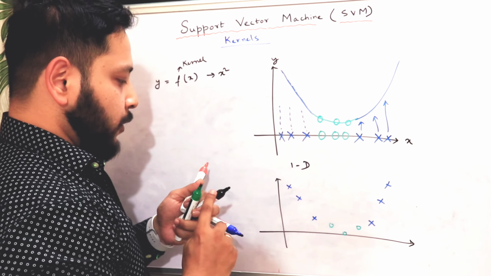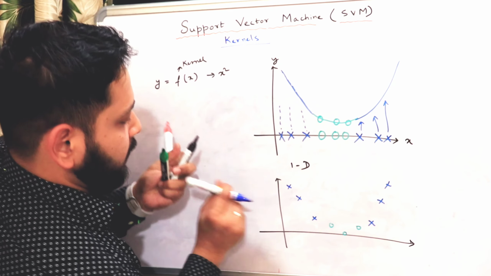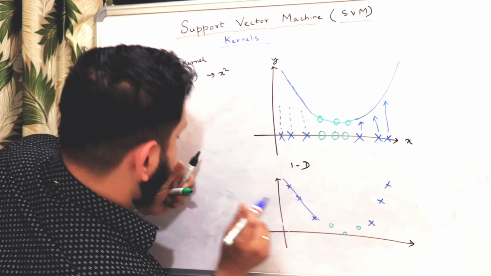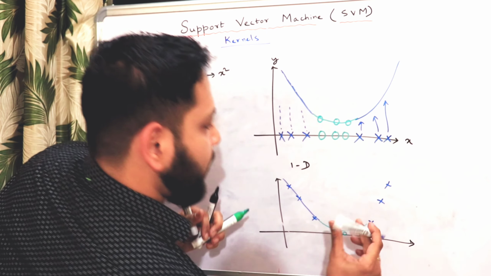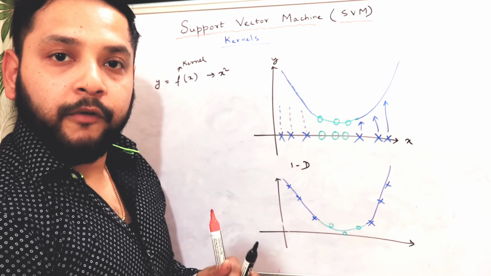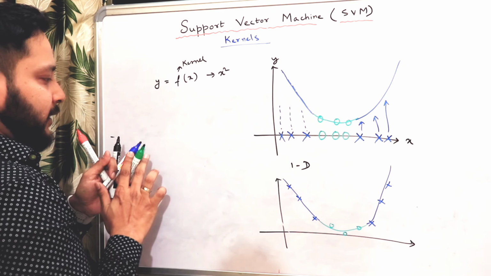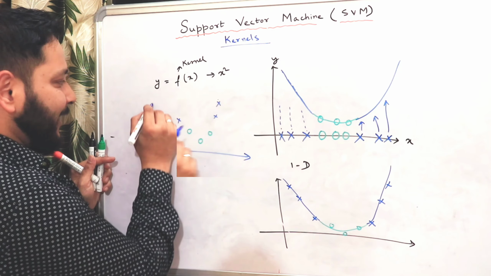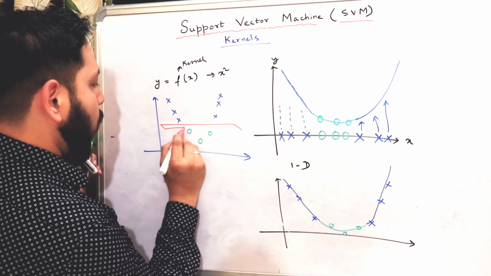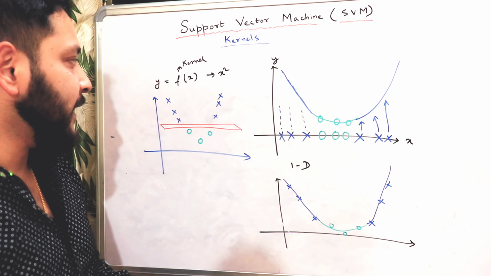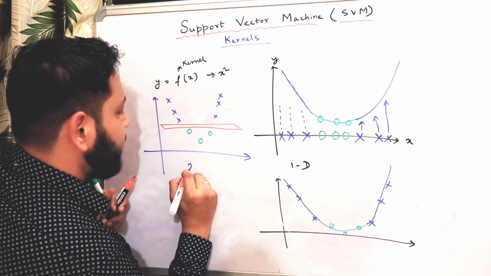So we will get another function where we can easily separate. If I draw these things in a better way, we can have a hyperplane like this, which can clearly separate out these 2 classes, and this is in 2D.